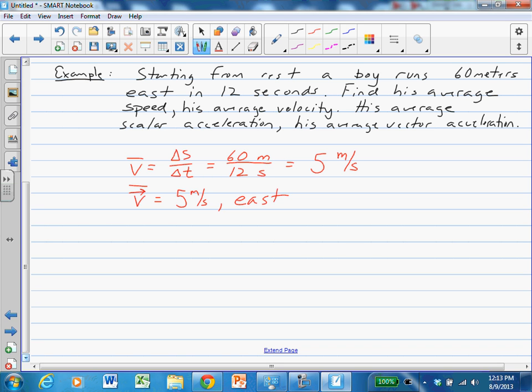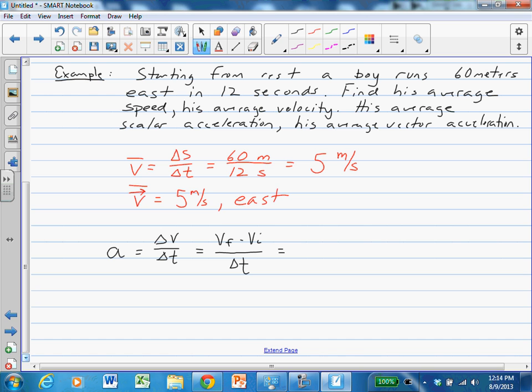For his average scalar acceleration, it's change in speed over time. And the change in speed is vf minus vi over the time interval. If we started from rest, he ended with a speed of what by the time he got to the end? So we need to get this vf.